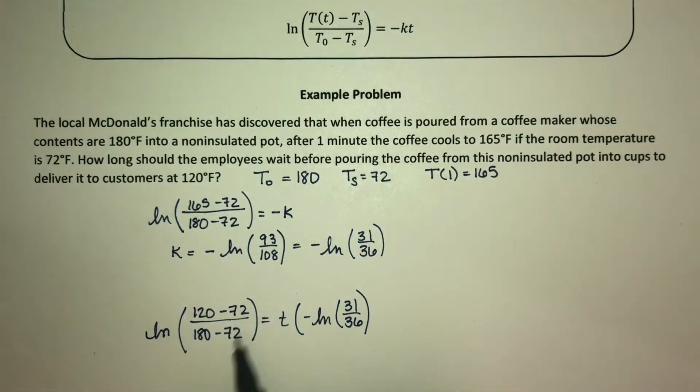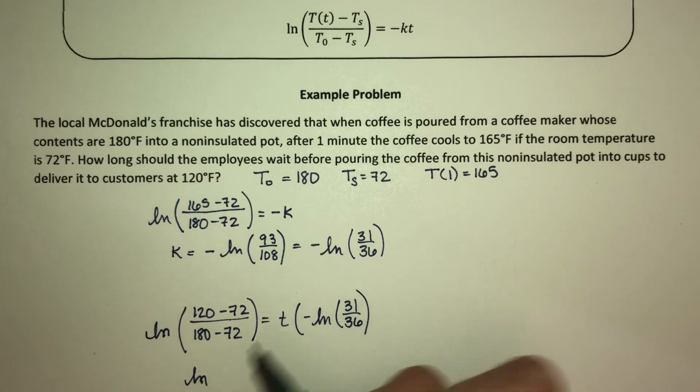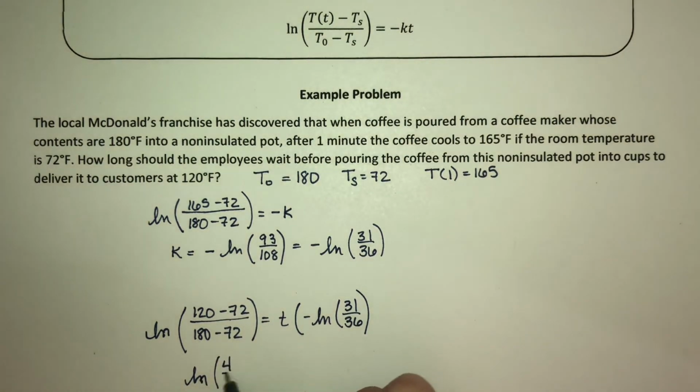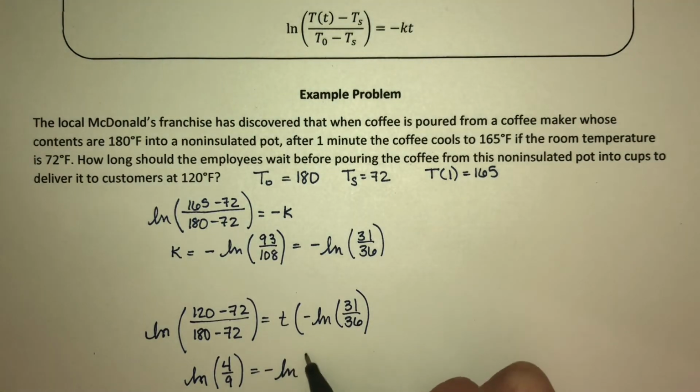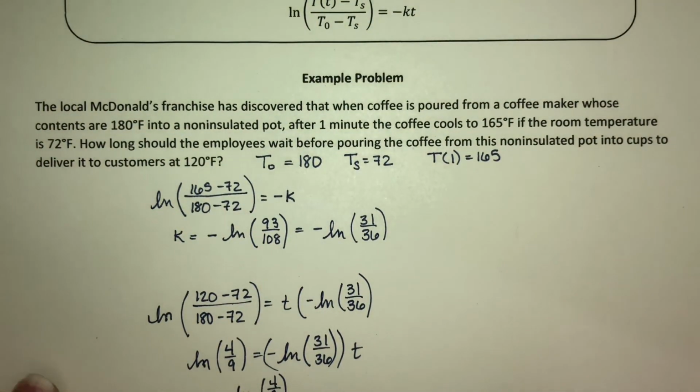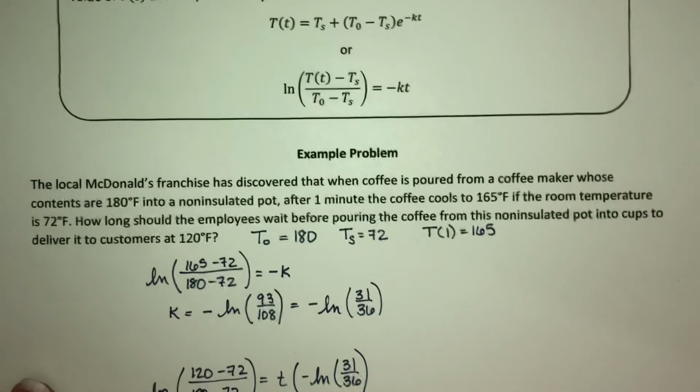Okay, now if you do this arithmetic and you reduce it, you get natural log of 4/9 is equal to negative natural log of 31 over 36, and that's t times that. So divide both sides by this, and your t value is going to be natural log of 4/9. I messed up here.